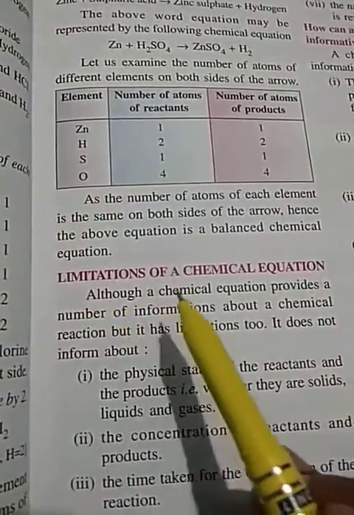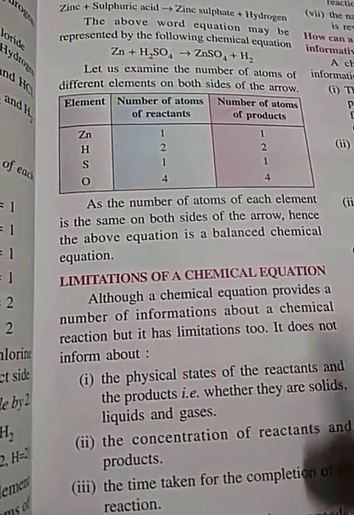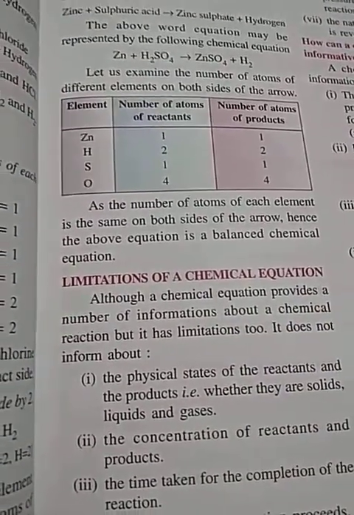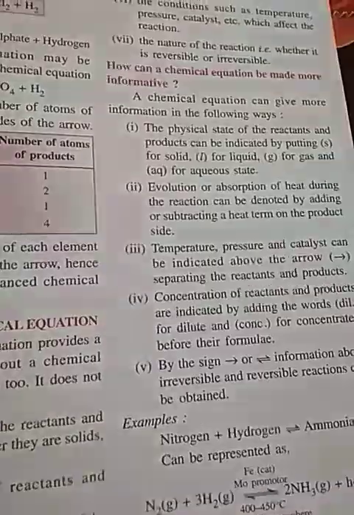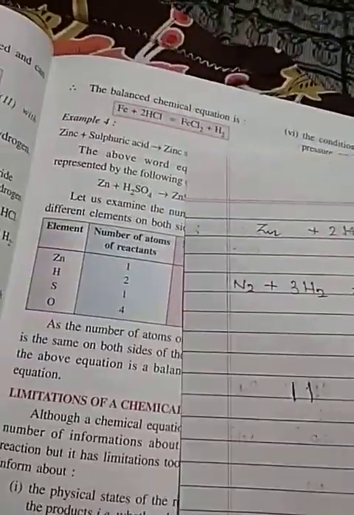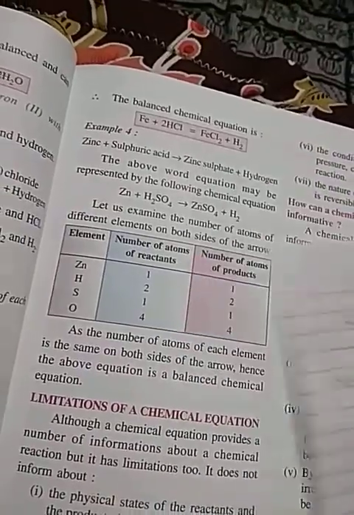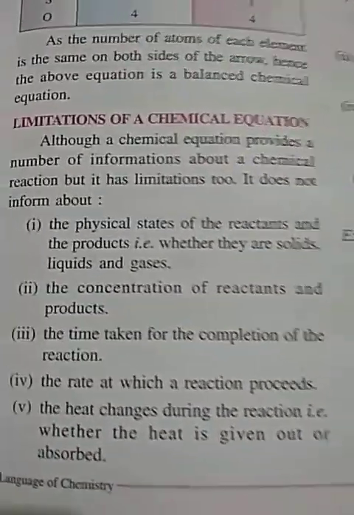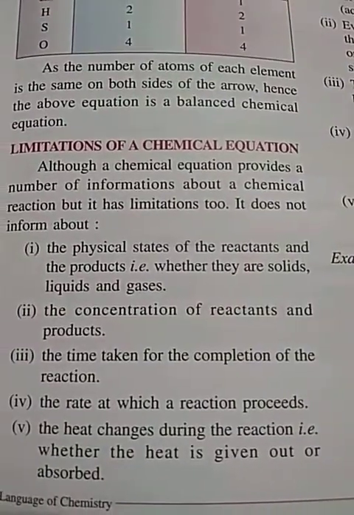What are the limitations of our chemical equations? What is the information that a chemical equation does not tell us? First, the physical state of reactants.